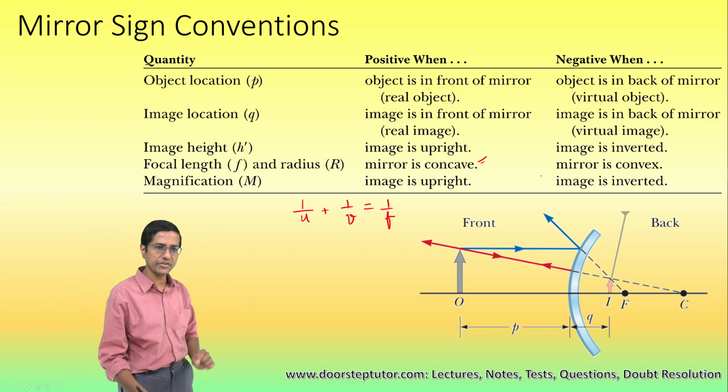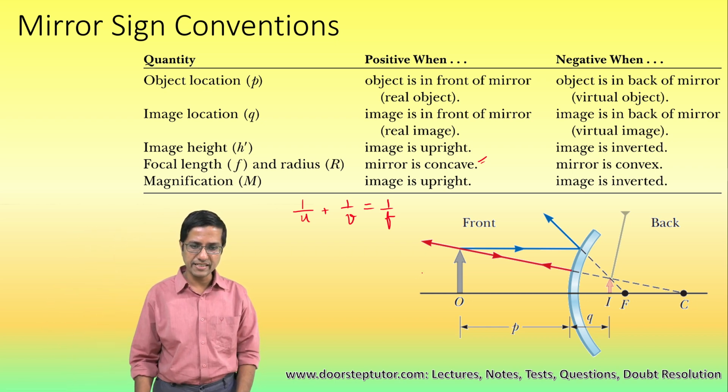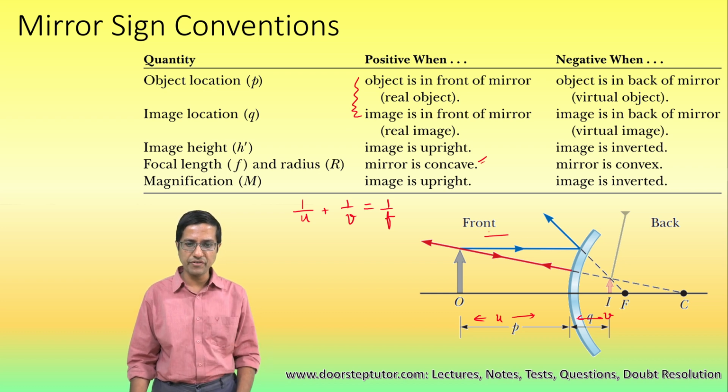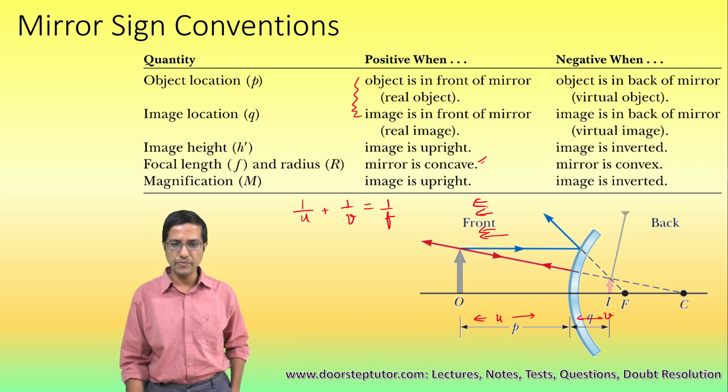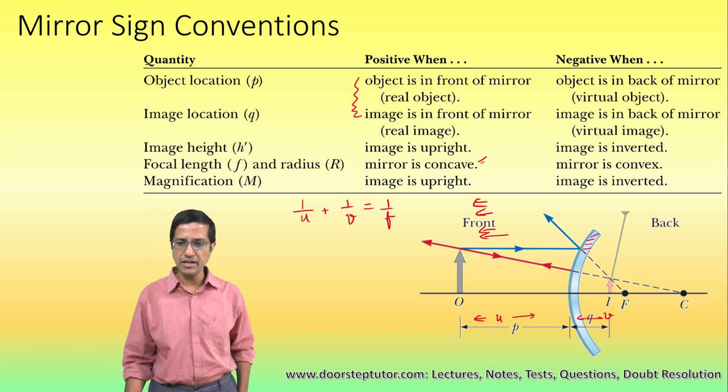So what are the sign conventions? The object distance and the image distance are positive when the object or the image lies in the front of the mirror. This is the front of the mirror, this side. The mirror has been silvered like this, and this is of course the convex mirror.